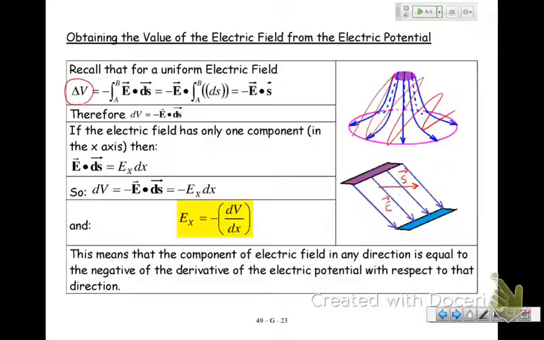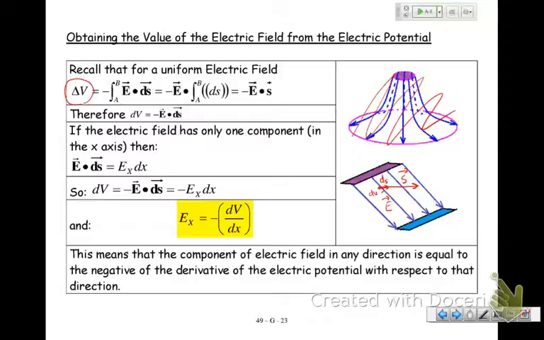Then we say, therefore my little bit of potential, dV, is equal to minus E dotted with my little bit of distance, ds. It's my little bit of potential caused by that guy.